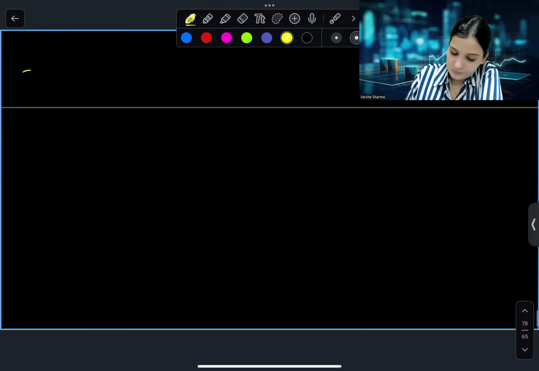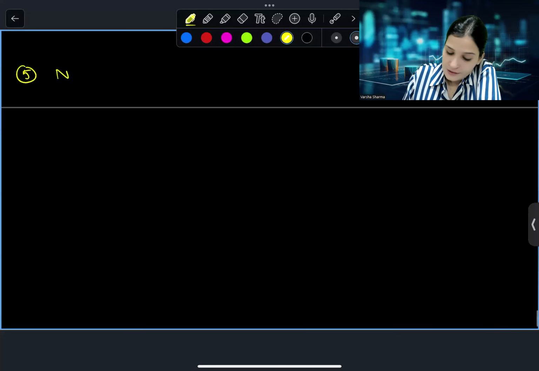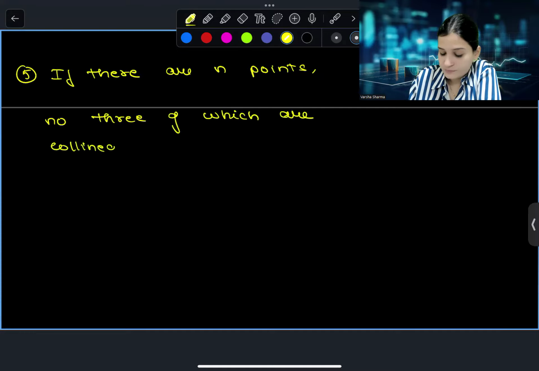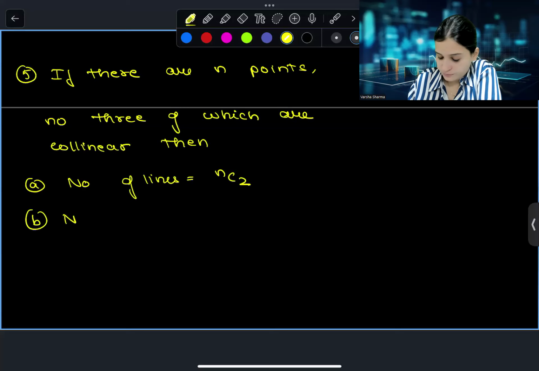Then fifth. If there are n points, no three of which are collinear, then the number of lines will be NC2, and the number of triangles will be NC3.